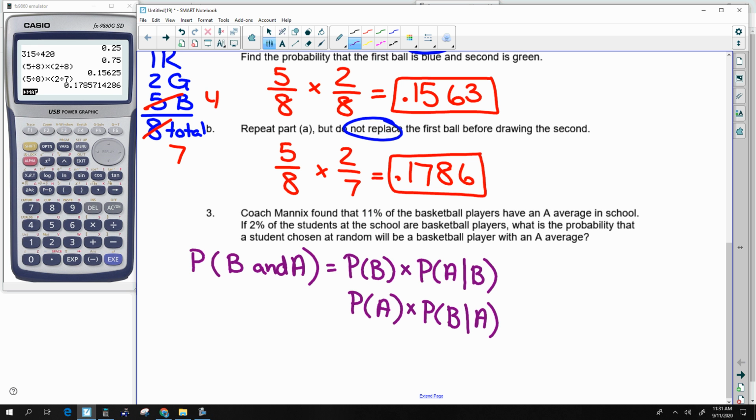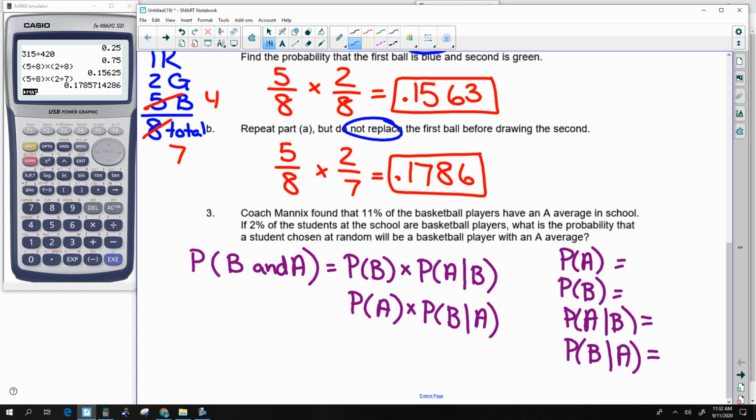Let's see what we could potentially have: the probability of A, the probability of B, the probability of A given that they're a basketball player, the probability of a basketball player given that they already had an A. You have to pay attention: the second number is the population.